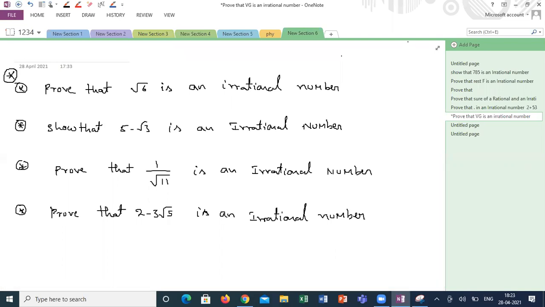Once done, you can upload in the app. I think you know how to upload in the app, correct? I opened a tab for these 4 questions in the app. You can upload in the app.